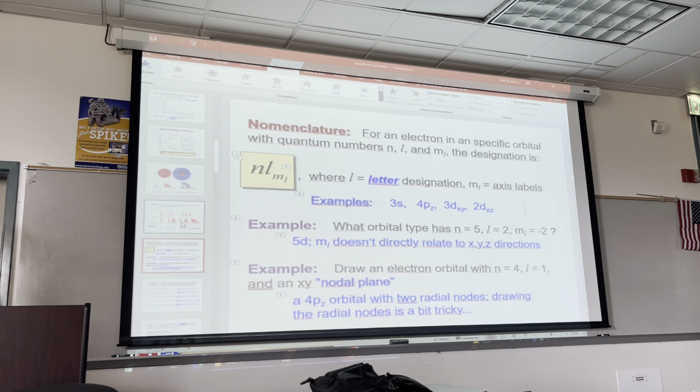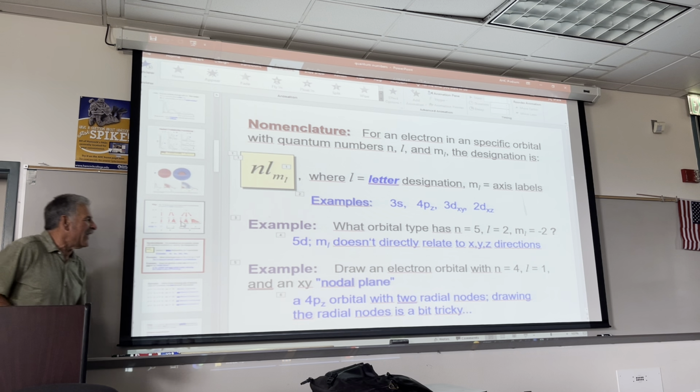For an electron in a specific orbital with quantum numbers n, l, and m sub l, the designation is n, l, m sub l, where l is the letter designation and m sub l is the axis label. Examples of that are 3s, 4pz, 3dxy, 3dxz. So for example, what orbital type has n equals 5, l equals 2, m sub l equals minus 2? 5d, and m sub l doesn't directly relate to x, y, z direction.